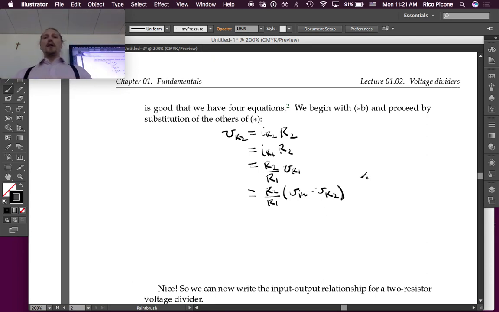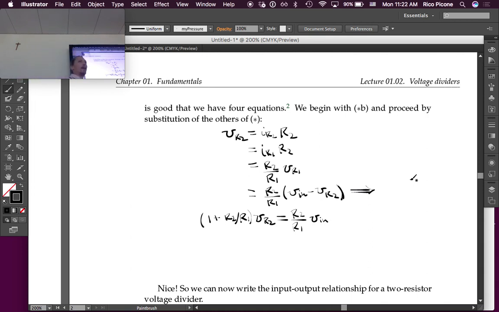So let's bring it over to the left-hand side, this term, so that we have, and I'm going to factor it out at the same time, you guys. I know. It's a lot. Times VR2 equals what's left over here, which is R2 over R1 times Vin.